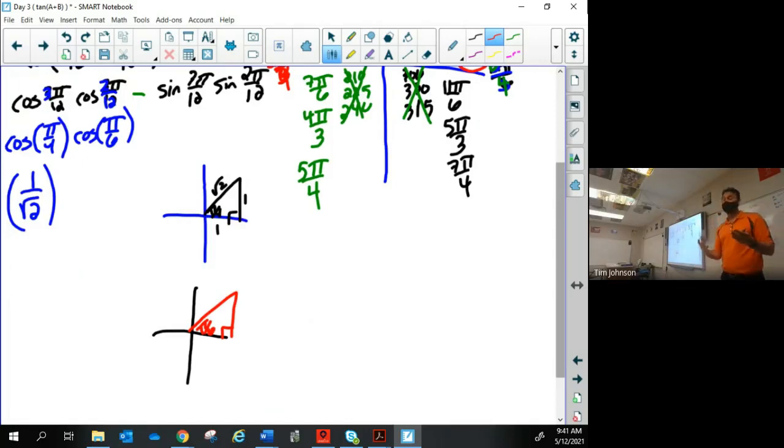You've got to be able to look at these ratios and know them off the top of your head. It's kind of like some of us, when we add and subtract numbers, and even multiply numbers, some of us still type it into our calculator. 5 plus 3, enter. Homework takes forever if you have to use that calculator every time. We should be able to look up here and say, oh yeah, okay, I got to do cosine of this. Okay, that's going to be the square root of 3, 1, and 2, and cosine's 1/2.